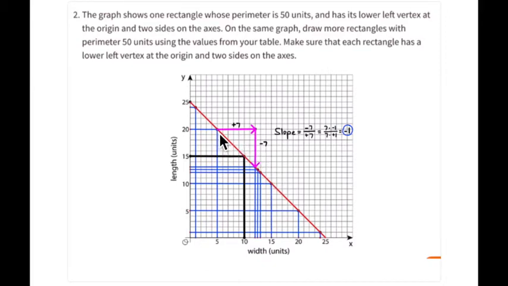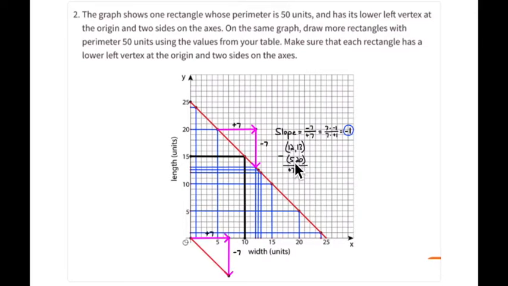This coordinate right here, which is 5, 20, and this coordinate right here, which is 12, 13. So 5, 20 and 12, 13. Now 12, 13 is the point you're going to end at. And this point here, the x value is 5, the y coordinate is 20.